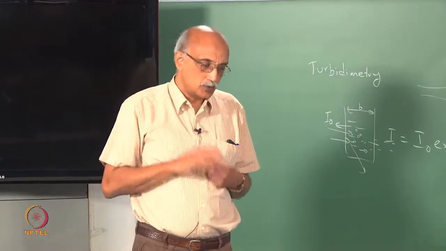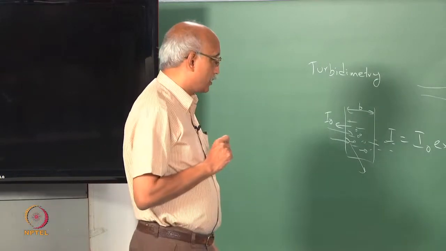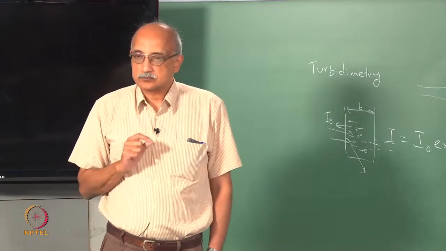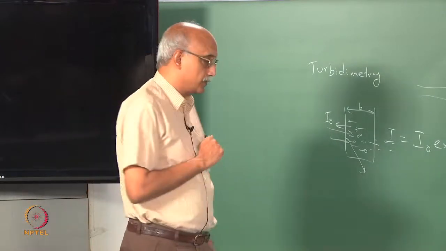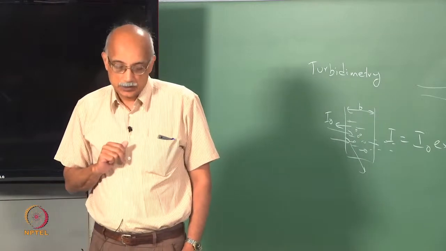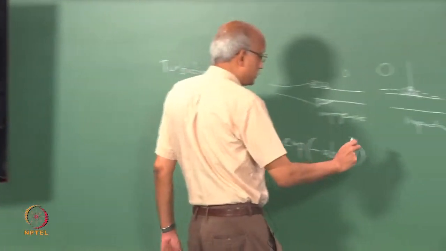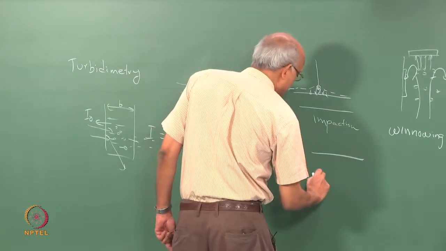So, if you want to get information on single particle sizes, how do you do that? Actually, there is an extension of this technique also based on light scattering, which looks at how light is scattered.